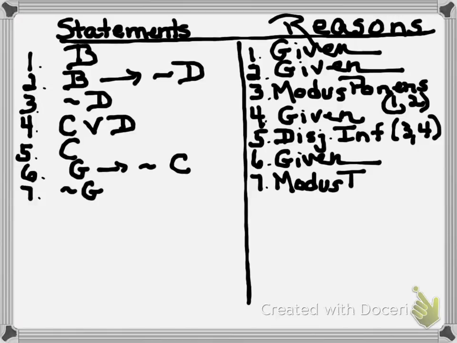And that's by modus tollens. And the line numbers are 5 and 6.